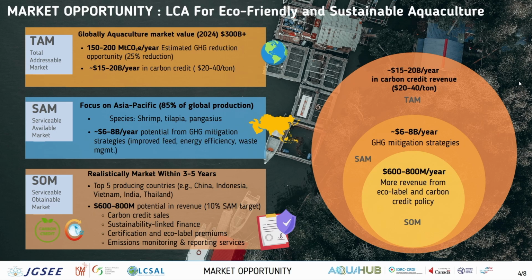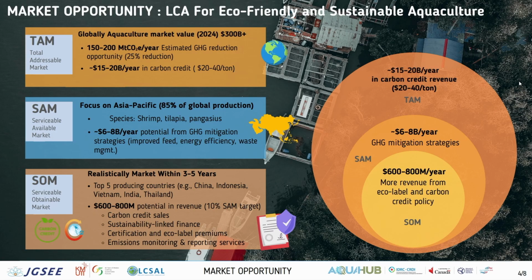But if we can reduce the carbon by around 150 to 200 million metric tons of CO2 per year, this is calculated to be worth around 15 to 20 billion per year in carbon credit.